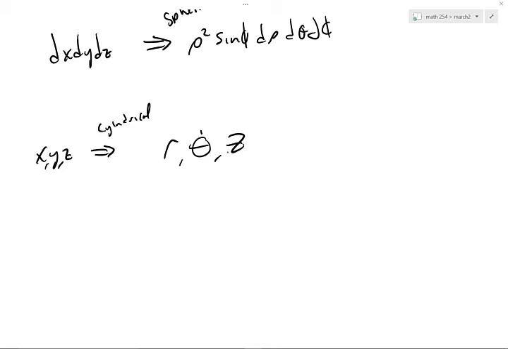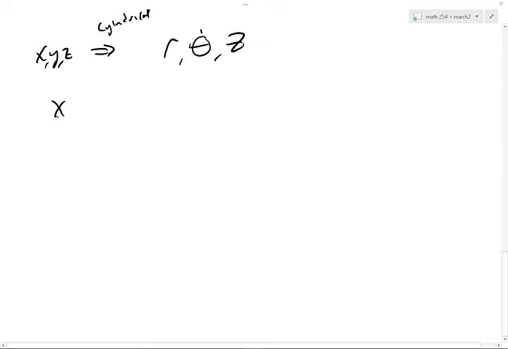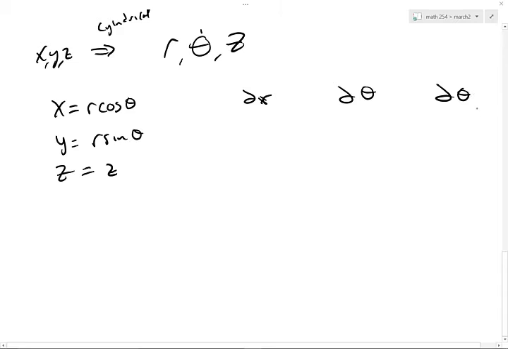Now you can show that pretty easily, because what is x in cylindrical form? Right? So we take the derivatives of x, y, and z with respect to r, with respect to theta, with respect to z, and we'll do it in columns. So what's the derivative of x with respect to r? It's cosine theta. What's the derivative of y with respect to r? It's sine theta.